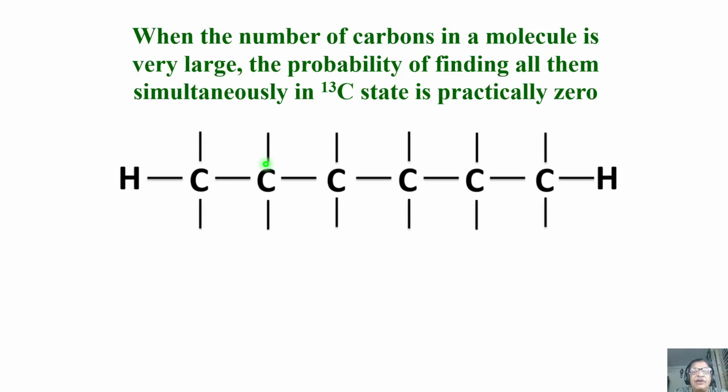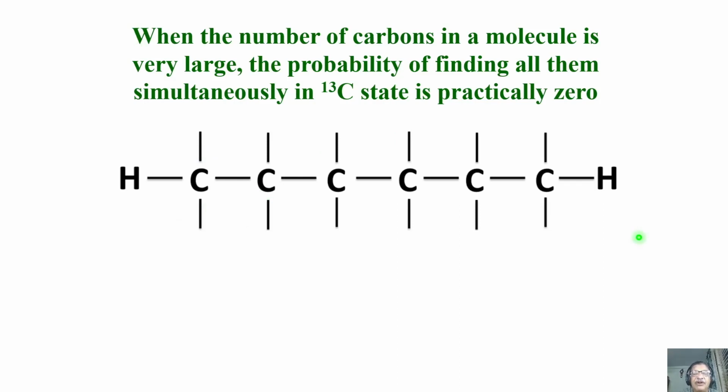I extended the logic and said if there are, let us say, 6 carbons in the molecule, which is not uncommon in most organic compounds, where you will see a large number of carbons present. I just took a simple example of a molecule with 6 carbons.